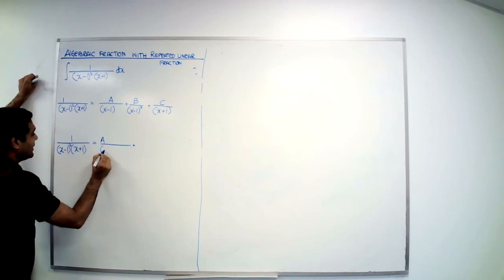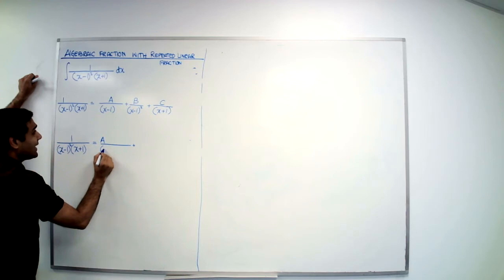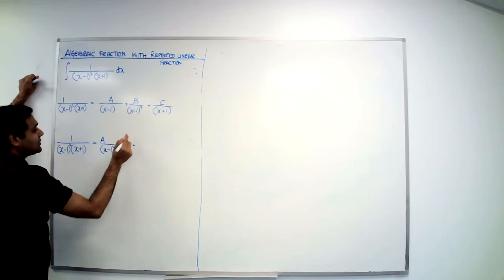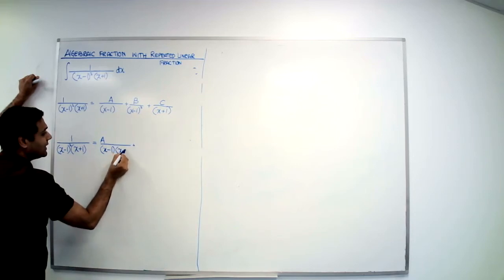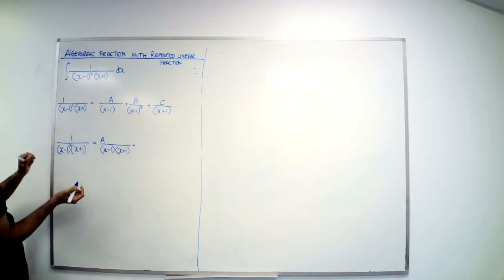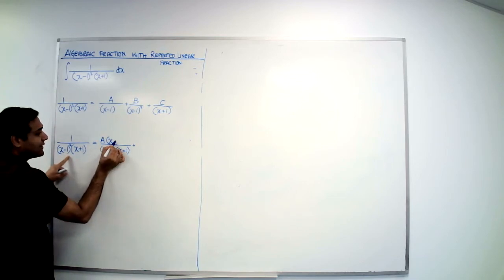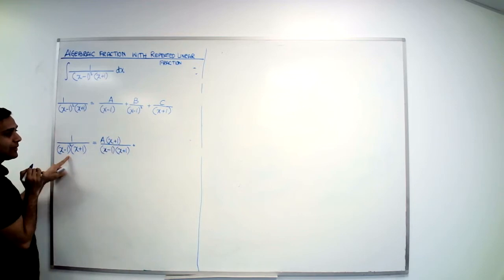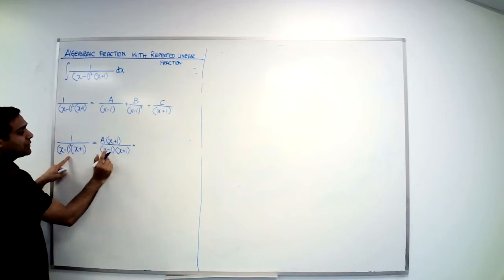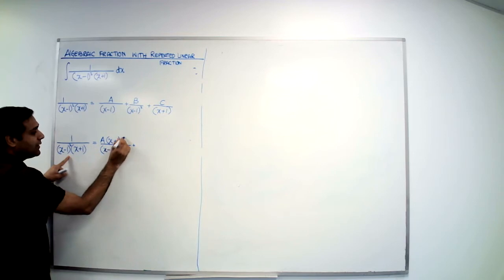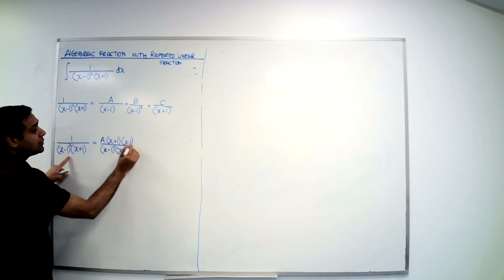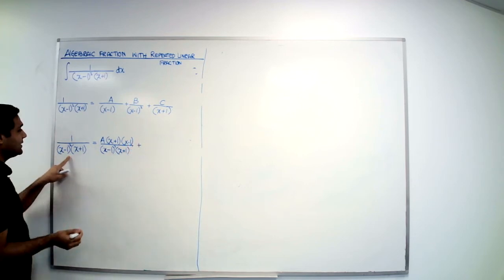At the bottom, it is missing x minus 1 and x plus 1. So if I write x plus 1 here, I need to write x plus 1 on the top as well. But I need x minus 1 squared, so if I put x minus 1 here, I need to put x minus 1 on this side as well.